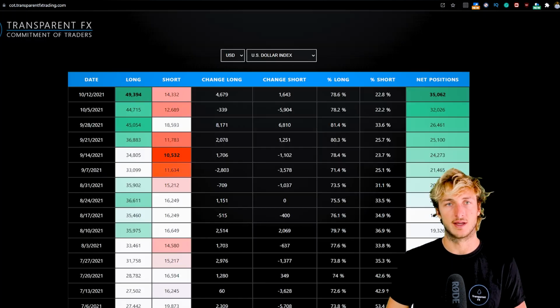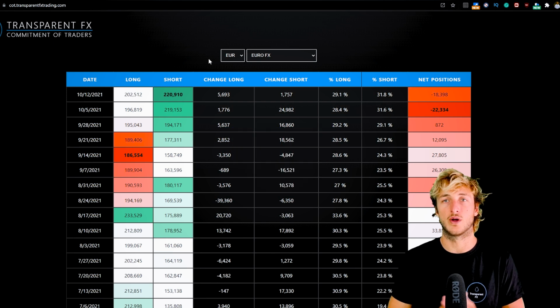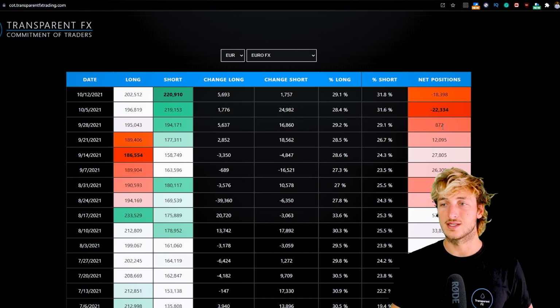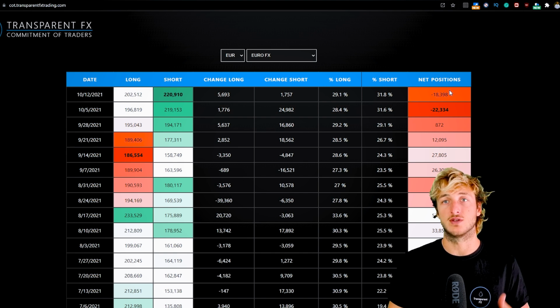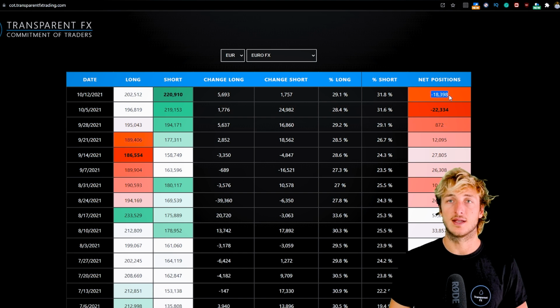Now, if we go and see what we have from a COT perspective, so basically what the biggest players in the market, so the non-commercials, speculators, hedge funds, etc., are doing, what we can see here is that with the last reports, net positions have been massively decreasing. In fact, we went from having 27.8k net positions all the way down to having minus 18k net positions.